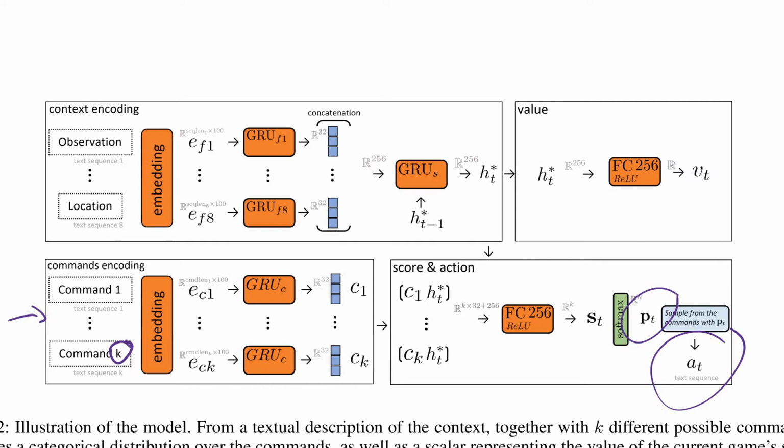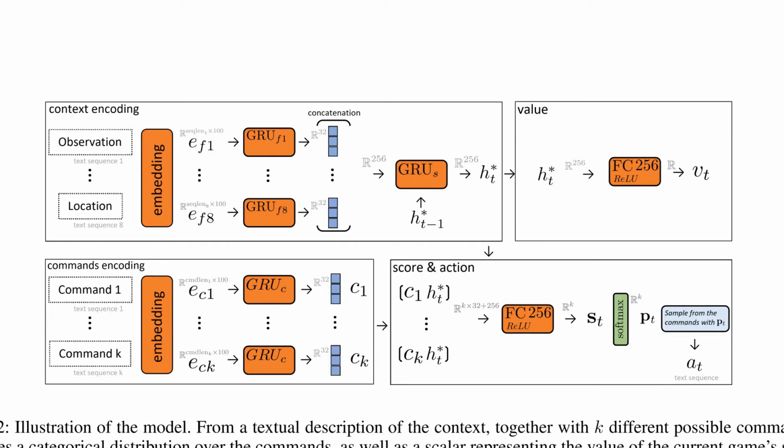We'll go into later how this is done. But basically, one of the main contributions of this paper is how do you even specify what would be reasonable to do in the current situation. And then the policy over here only has to decide among those reasonable actions, not among all actions.